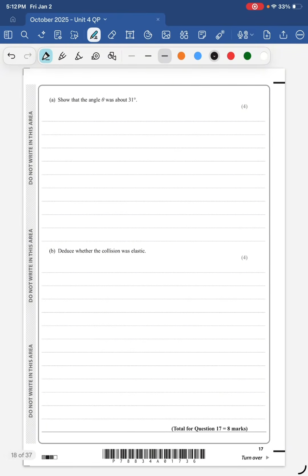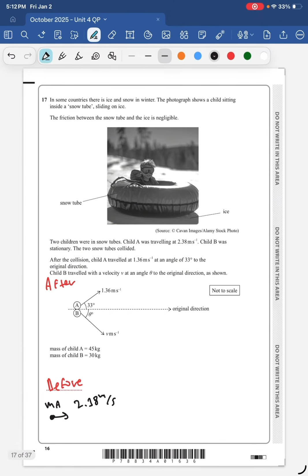So how can we find the angle theta? I hope I don't confuse you, but let's start with the conservation of momentum in the x direction. So in the x direction, we have the mass of child A times 2.38, which was the initial speed, should be equal to the x component of this momentum and the x component of that momentum.